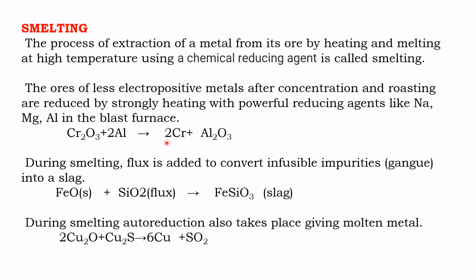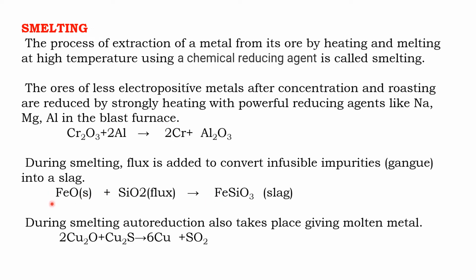So at high temperature, the oxides are usually converted to the corresponding metals. In certain cases, we add a flux material, so that the flux and the impurities of the ore combine to form a slag, and the slag is removed by another process, so that the metal can easily be recovered.